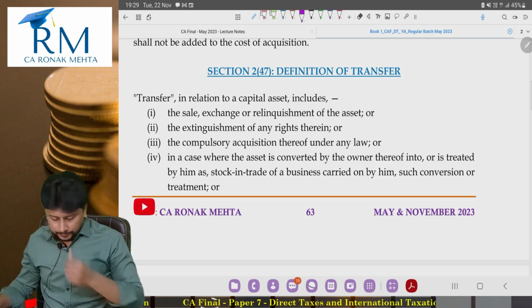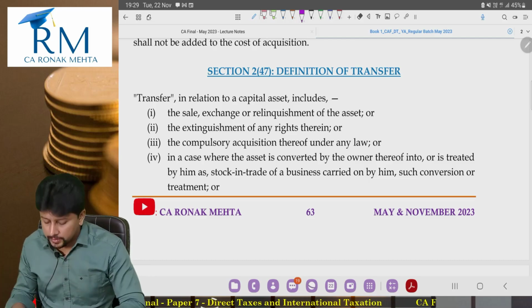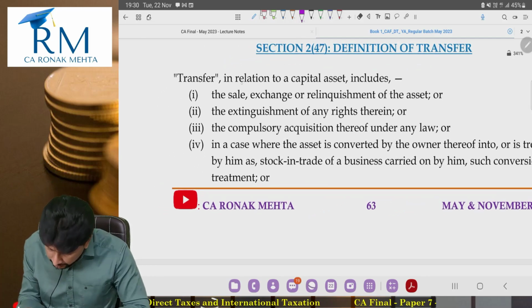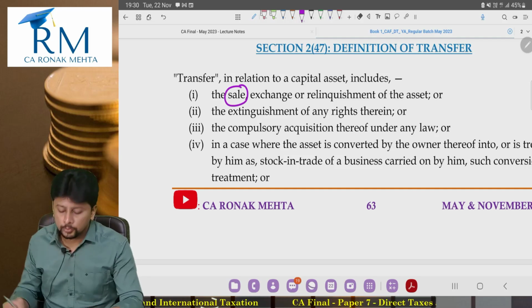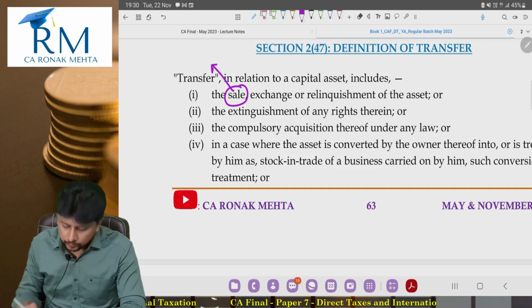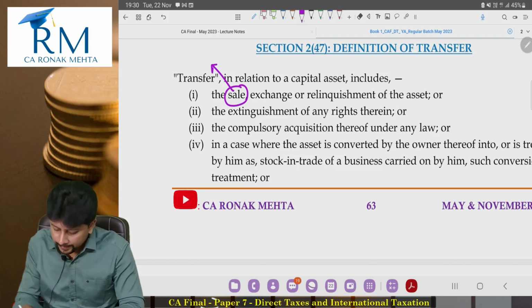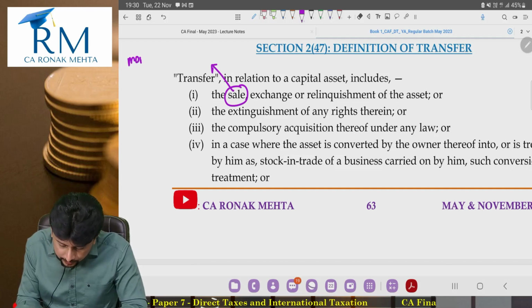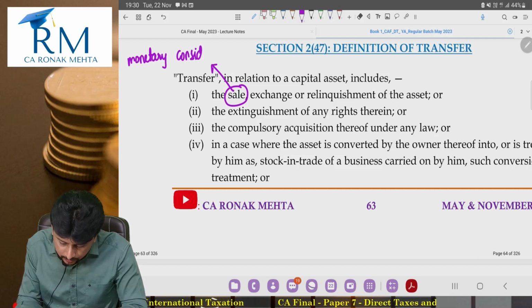See, transfer in relation to capital asset includes, number 1, sale. The most obvious example of transfer is sale, where in case of sale, what you get is money. As a seller, your consideration is monetary.